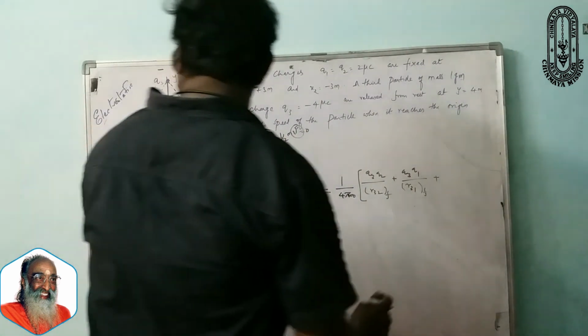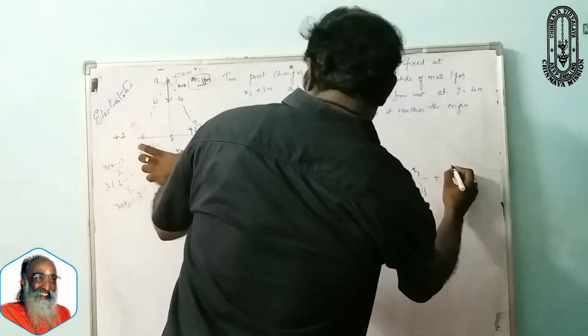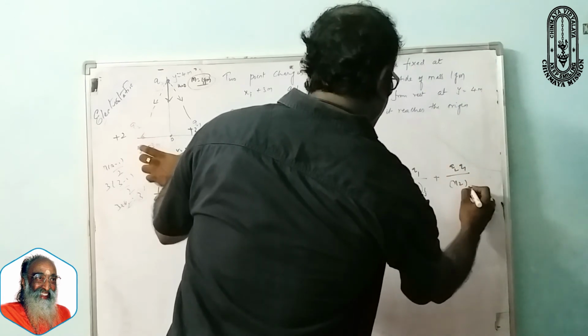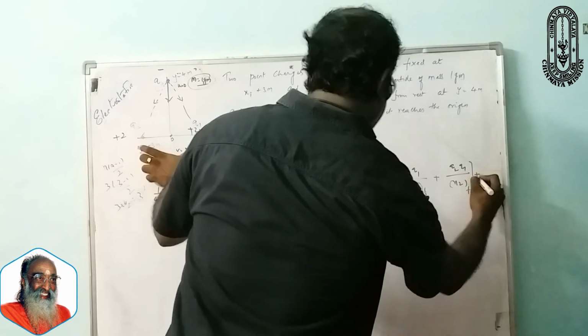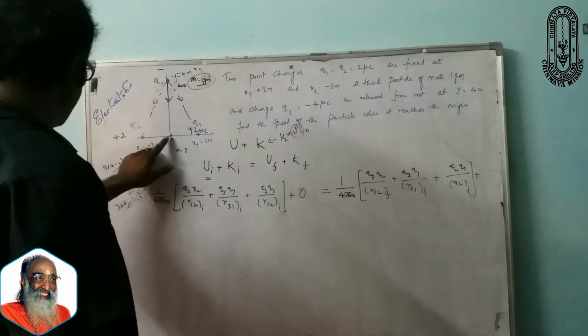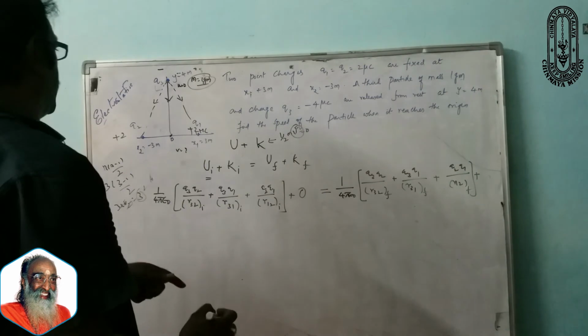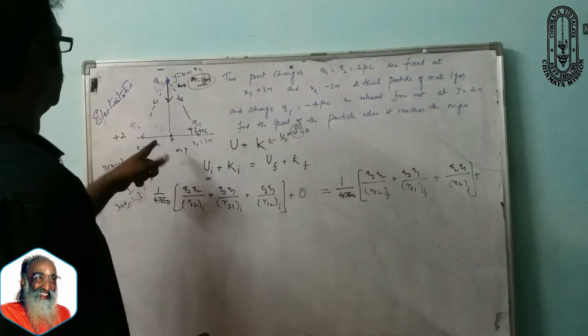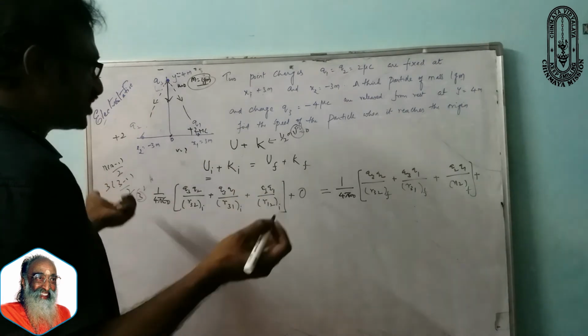This remains same, there is no change in that. So now it is Q2 and Q1 R12 final, plus here the particle is not coming to rest, it is moving with some velocity because it has gained some acceleration. So if it is moving, some velocity will be there. That velocity we have to find.